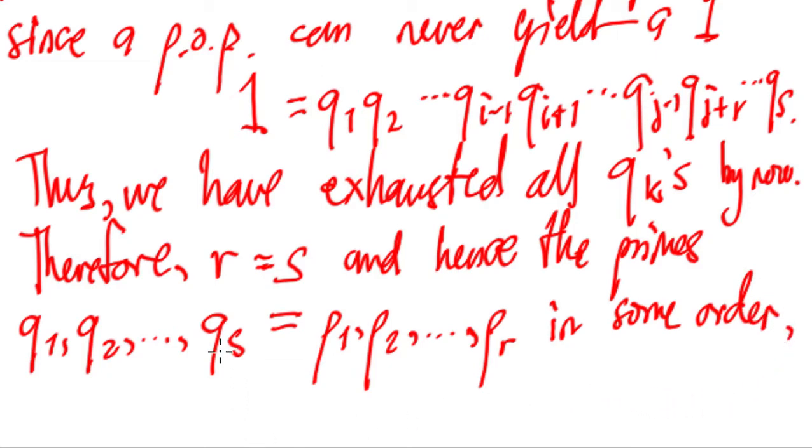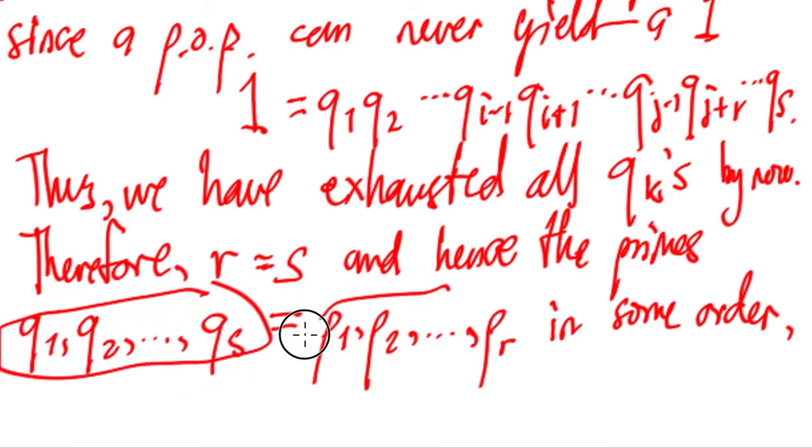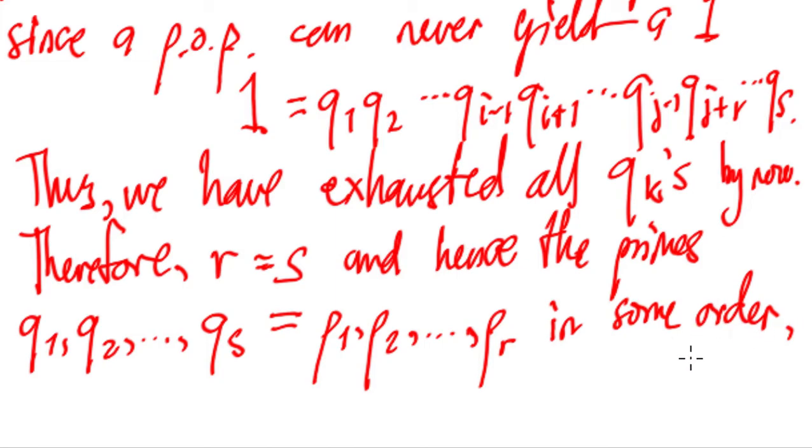Meaning, by the process that we used above, this one is just equal to this one, only that by the commutative property they are not in order. So in some certain order, not entirely the same.